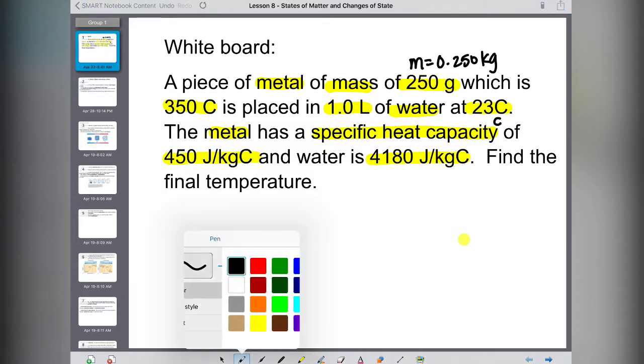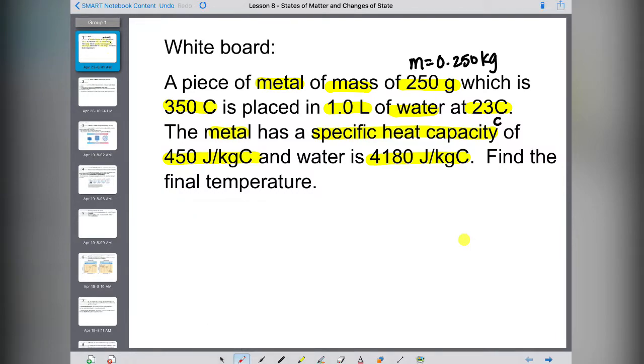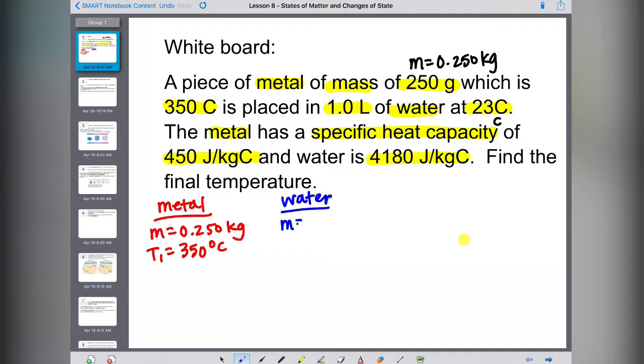So my suggestion, 2 different colors. So I have the mass of the metal. So the metal has a mass of 0.250. Initial temperature was 350. The water, I'm going to use blue, has 1 liter, meaning 1 kilogram, because density of water is 1, so you can just do a direct conversion.